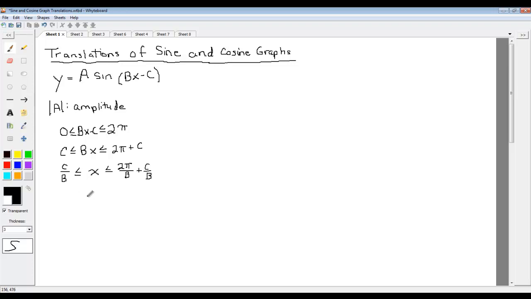And that c over b is a horizontal shift, where before you had 0 here on the left, now you have c over b. So the graph shifts horizontally from x equals 0 to x equals c over b.